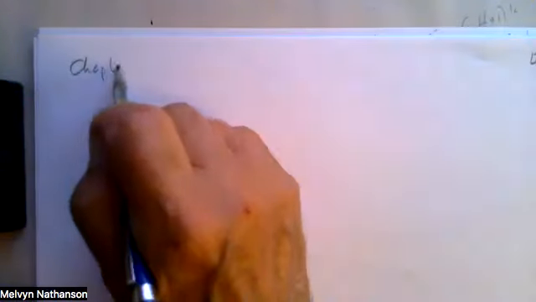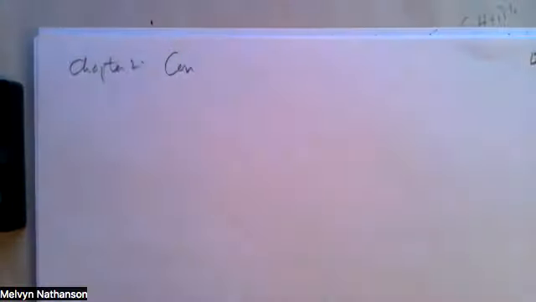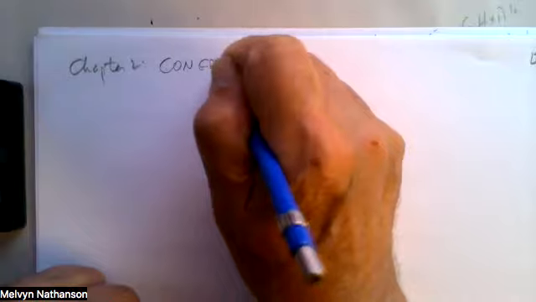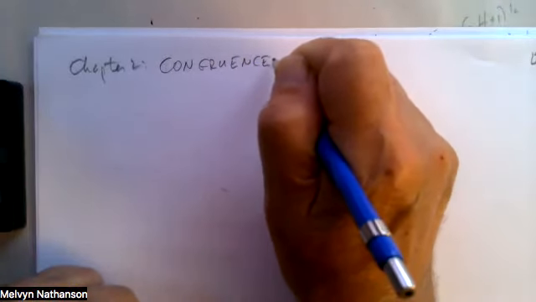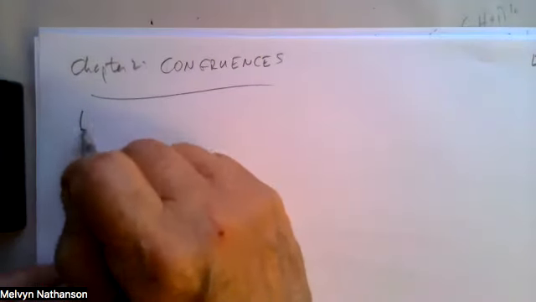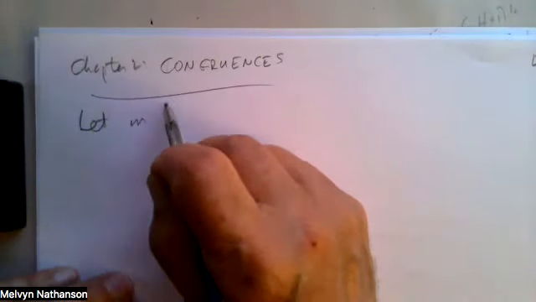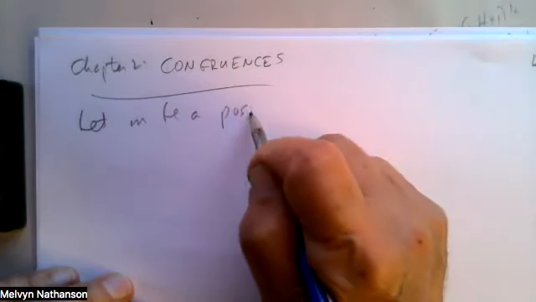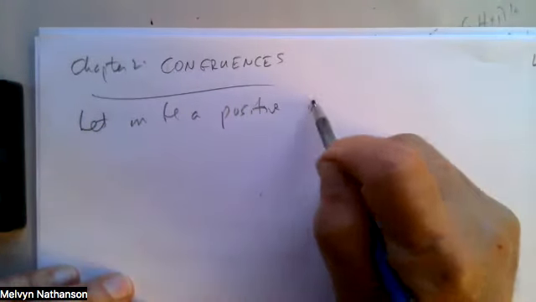So now we start chapter 2 on what are called congruences. This is another of the absolutely fundamental notions in number theory. And we fix a positive integer m. Let m be a positive integer.